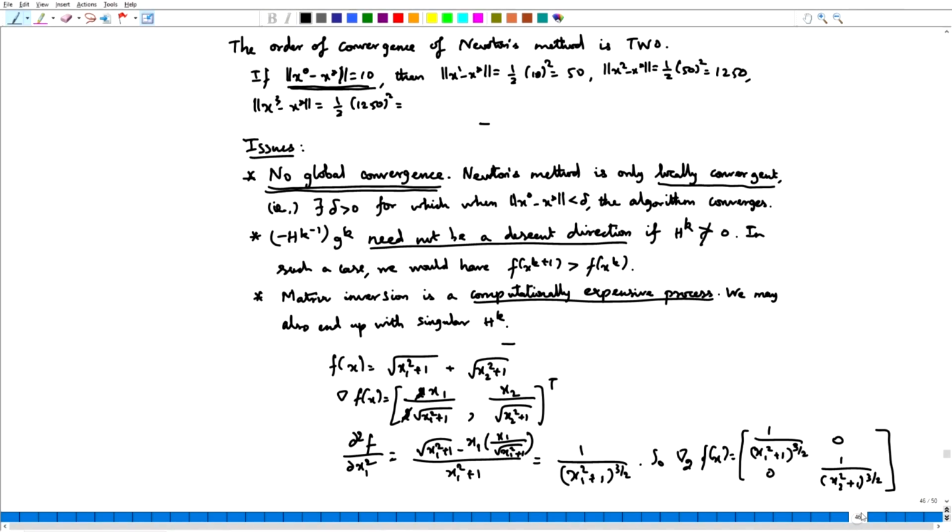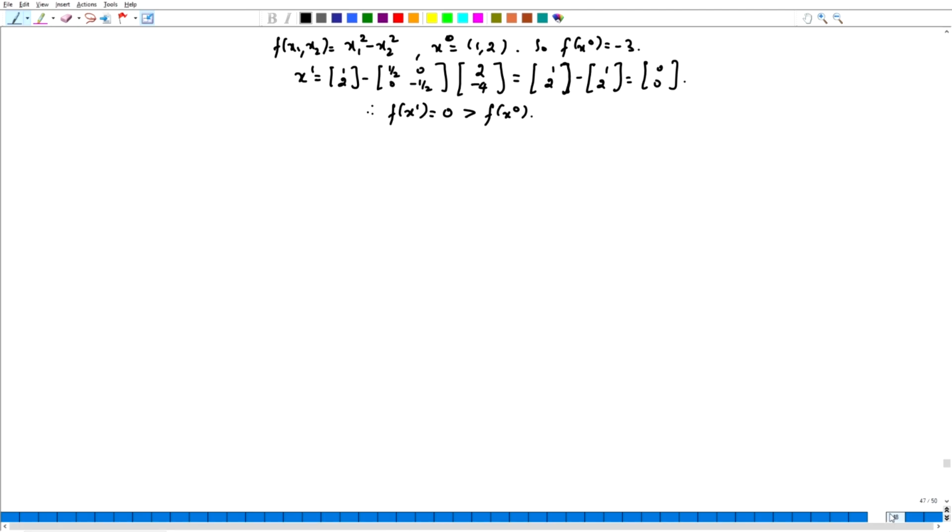Okay. So, here you have an example of the fact that minus Hk inverse gk need not be a descent direction if Hk is not positive definite, but you may still not be satisfied because of the following reason, that this function does not have a minimum, right.